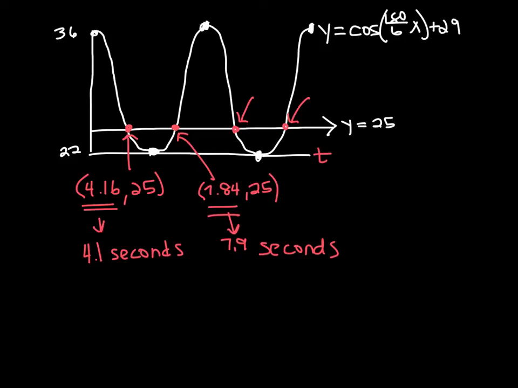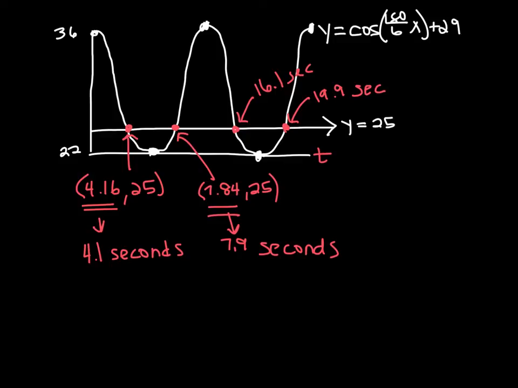You can do the same thing with the other 2 points of intersection, but you'll find that this one, you're going to have to round down to 16.1 seconds. And this last point right here, you're again going to have to round up, and you'll get 19.9 seconds.